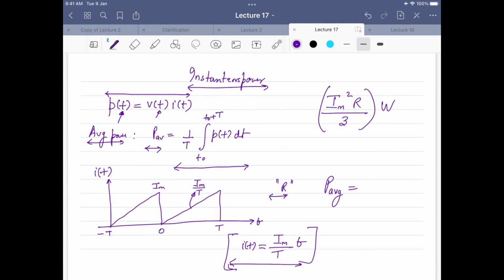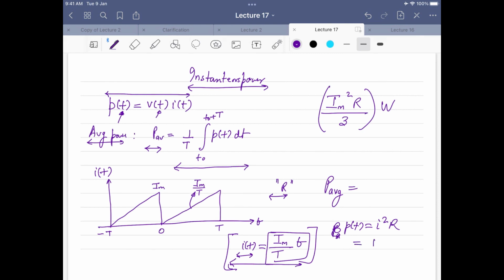So this is i(t), which is defined as a function of time t as this. Simply, you use the instantaneous power, which is i square R. So what is this i square R?